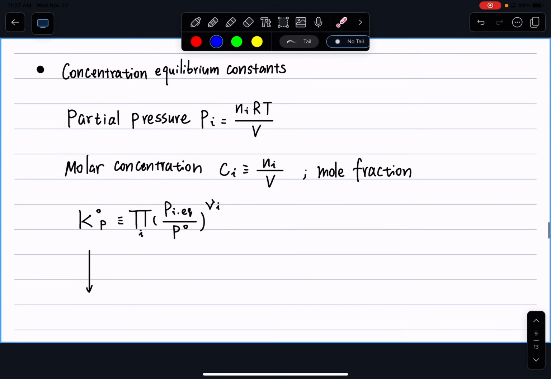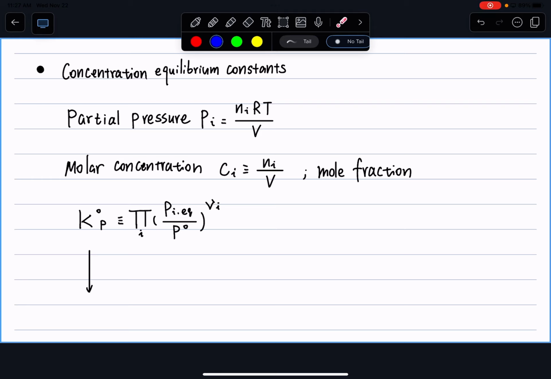We also have other versions. For example, you can have the concentration equilibrium constant that will come more into play when we talk about solution phase equilibrium. And I think next week we'll finish the phase, which is chapter 7. And hopefully the week after, we'll start talking about solutions.